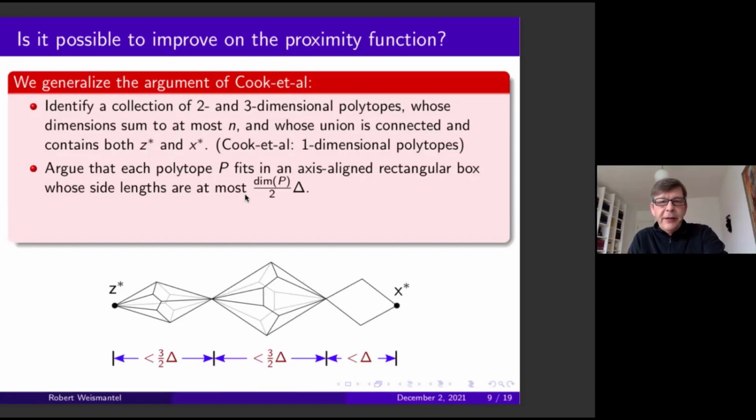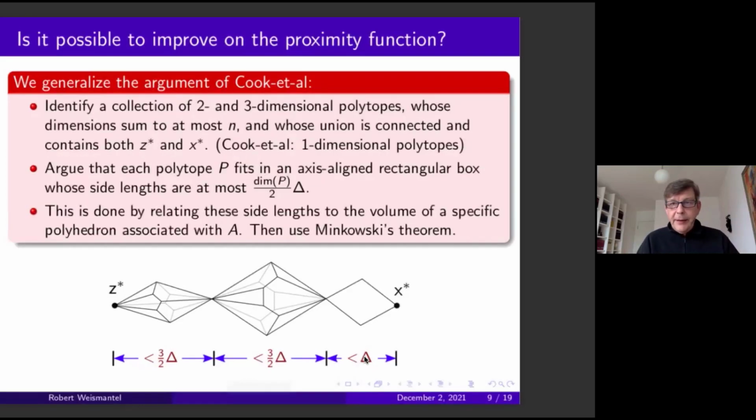We follow this 3-dimensional polyhedron, then comes the next 3-dimensional polyhedron, then comes a 2-dimensional polyhedron. And what we can argue is that in this 3-dimensional polyhedron, everything fits into a box of size 3½ delta, the other one also into a box of 3½ delta, and the last step into a box of value delta. And if you sum this up, you get at most this n½ delta.